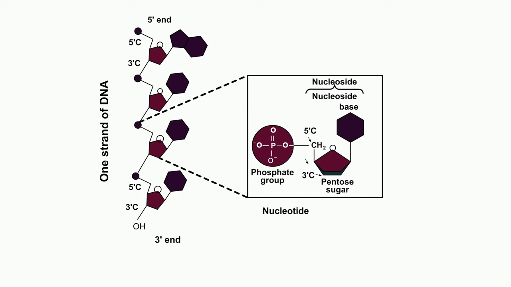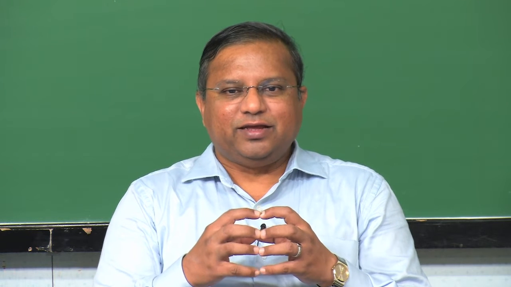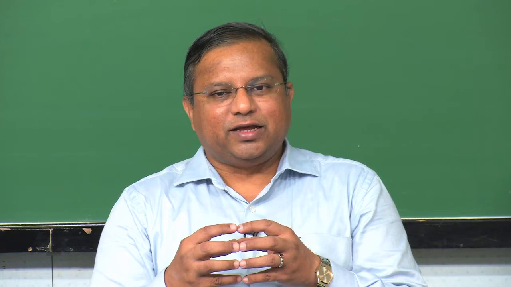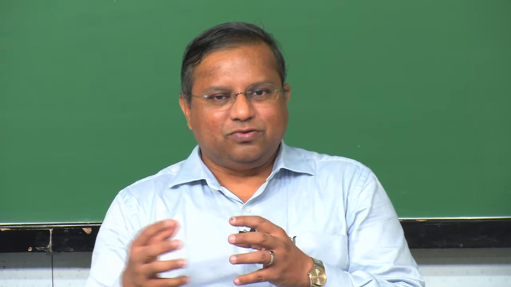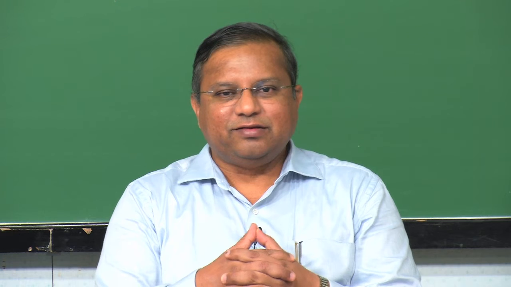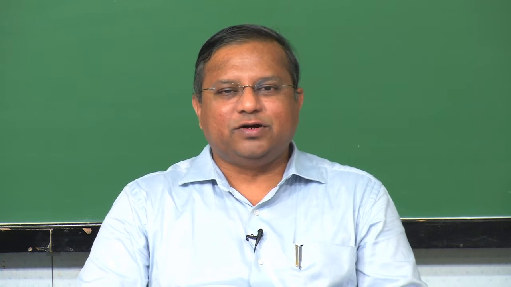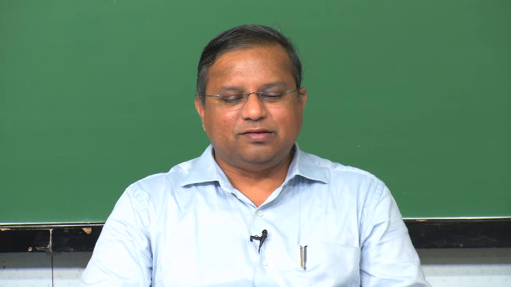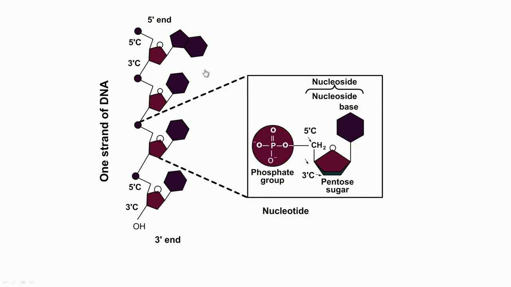So, we said that the information in what is called the DNA, deoxyribonucleic acid, gets converted to information in the mRNA. What exactly is DNA? All of you, I am sure, would have heard of DNA. It is a very popular term nowadays, and that is how information is stored in the cell, the information that needs to be passed on from one generation to another.